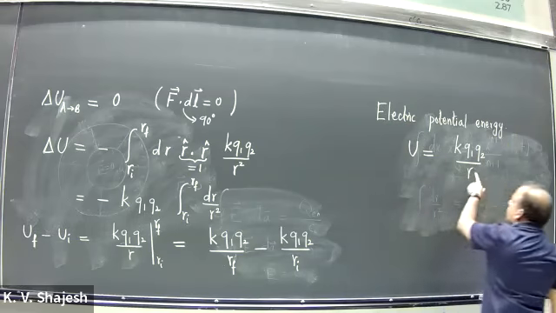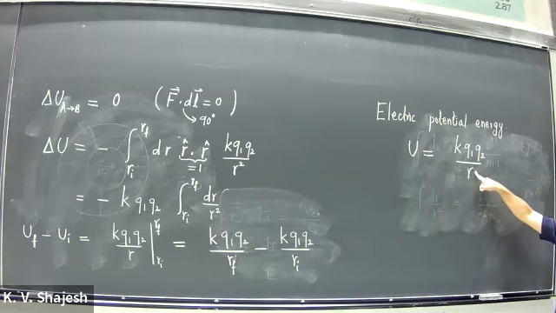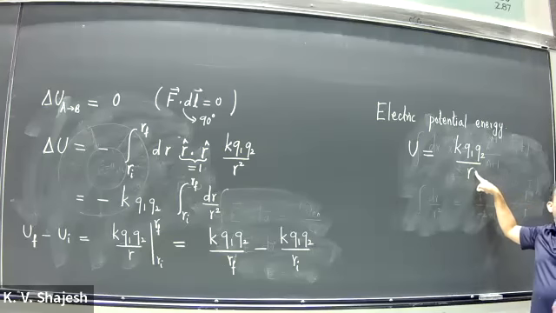The only difference being earlier force was 1 over r squared and there was a vector associated with it. It was a vector quantity.